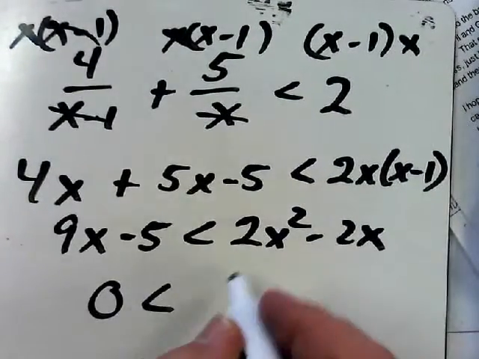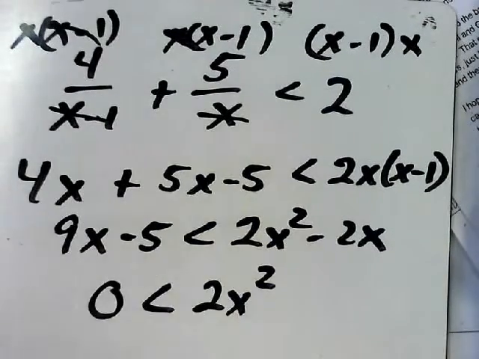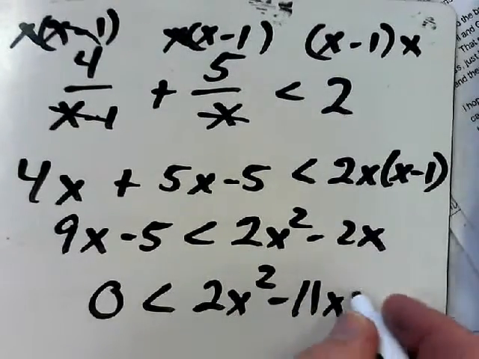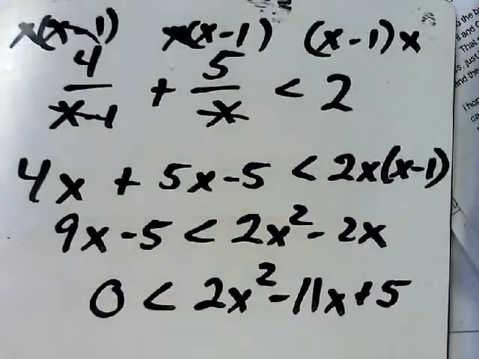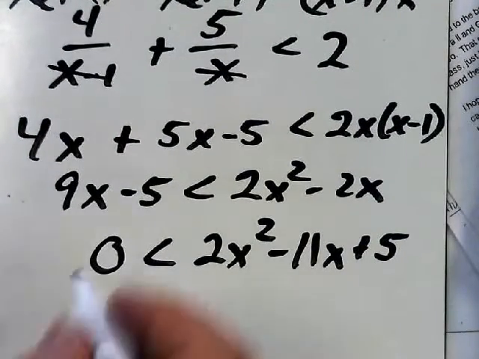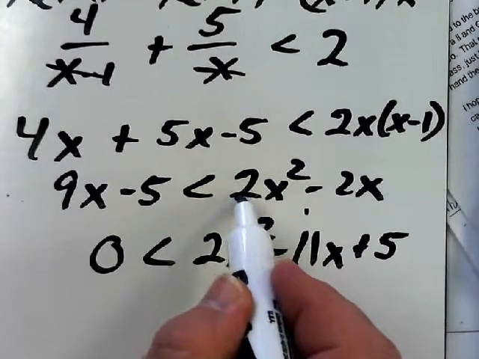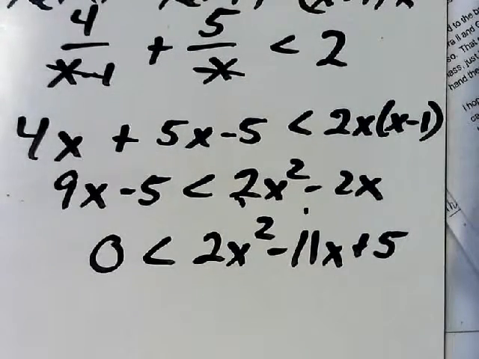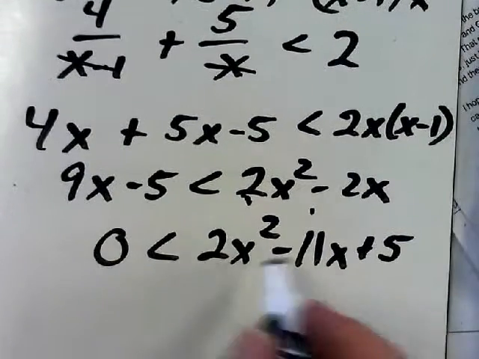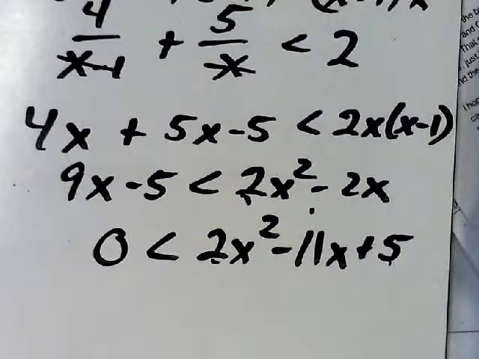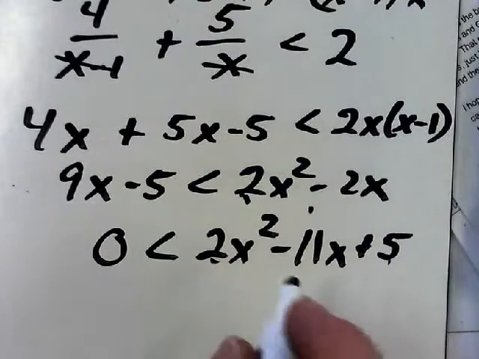Zero is less than 2x squared minus 11x plus 5. I moved it all to the right-hand side so that I could leave this x squared positive. That's why I did that. Can I factor? 2 times 5 is 10. What two factors of positive 10 equal a negative 11?